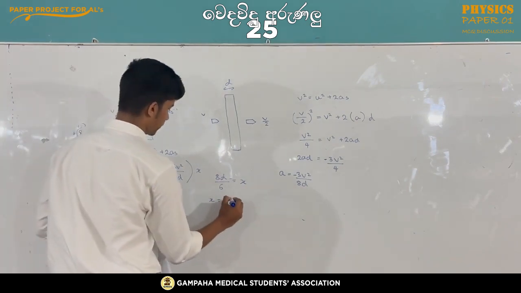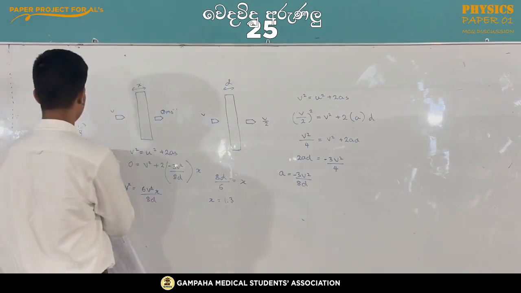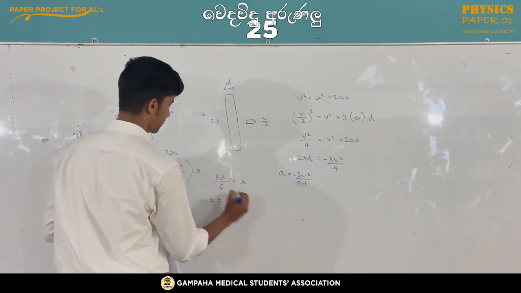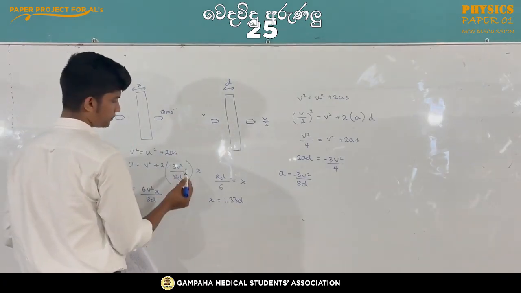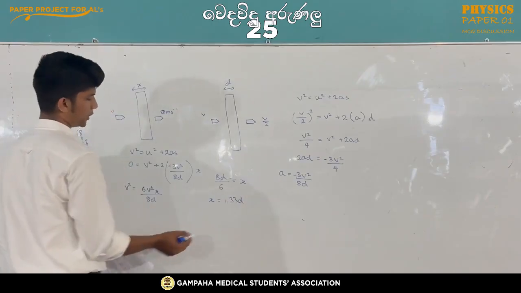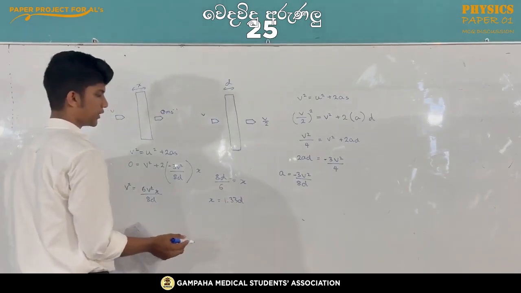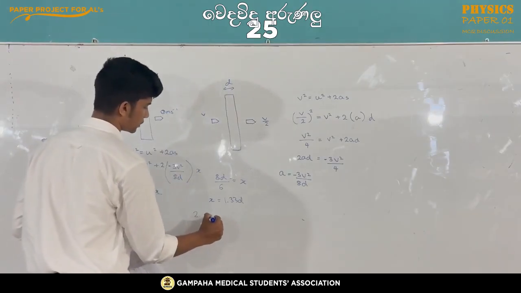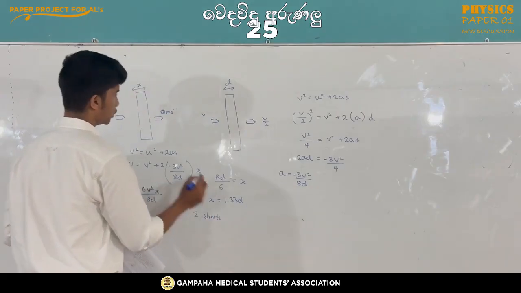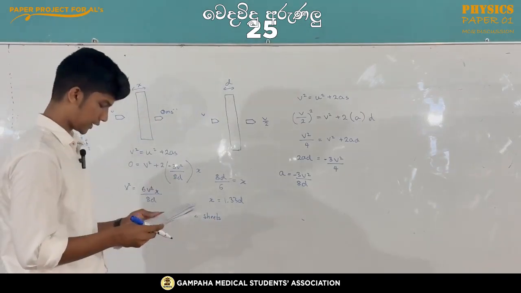We'll get 1.3 D. So then the glass sheet should be greater than 1D and less than 2D. So then the minimum glass sheets that are required for the bullet to stop is 2. We need 2 sheets of this glass for the bullet to be stopped. So then the correct answer is the first answer.